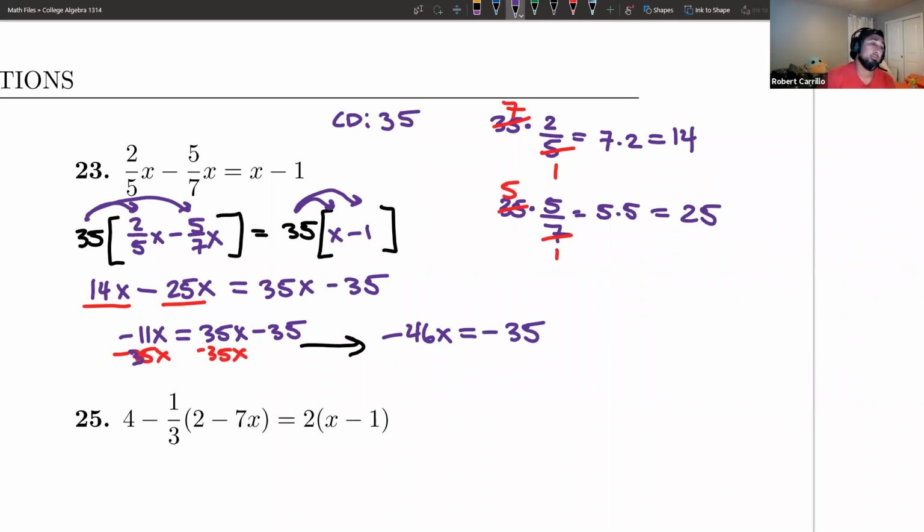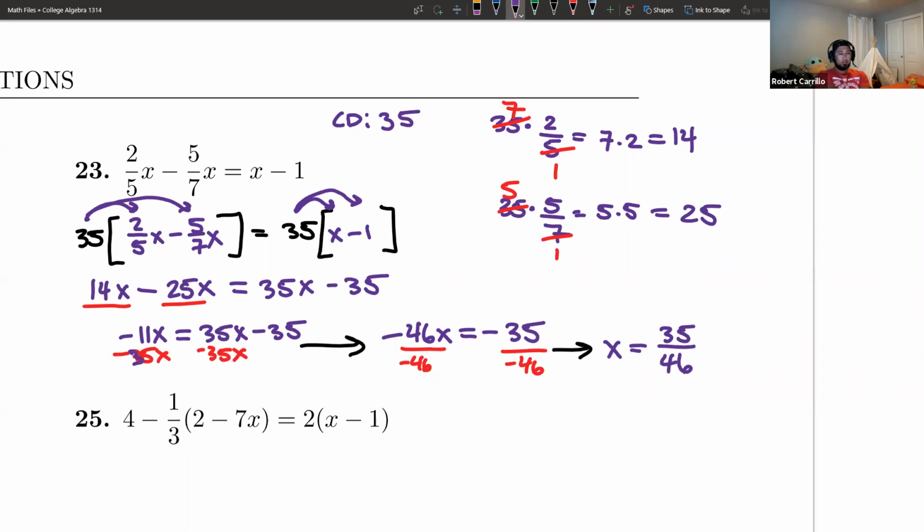Okay. Now, just divide by negative 46. And we get positive x equals positive 35 over 46.